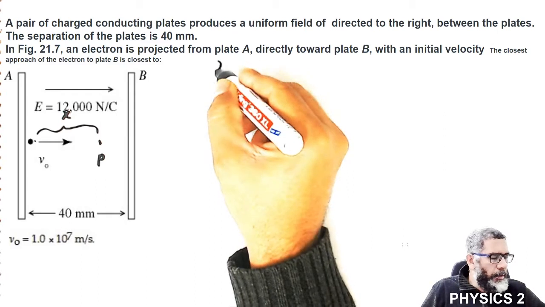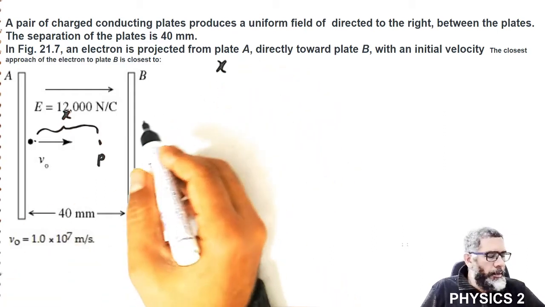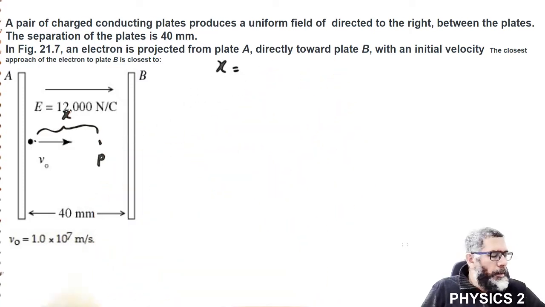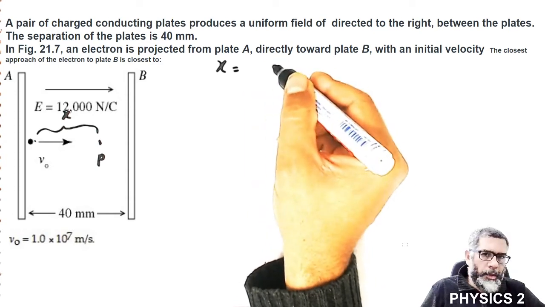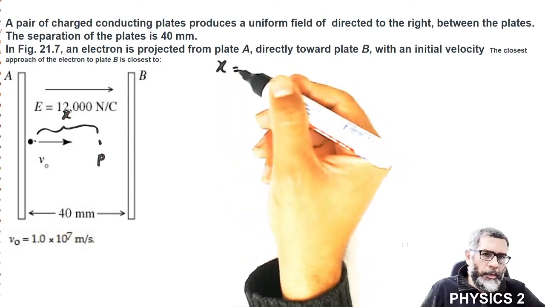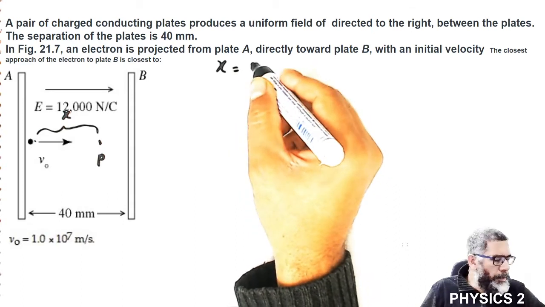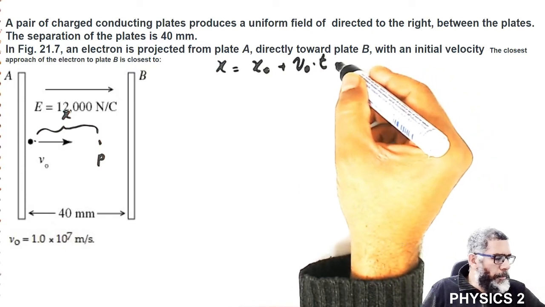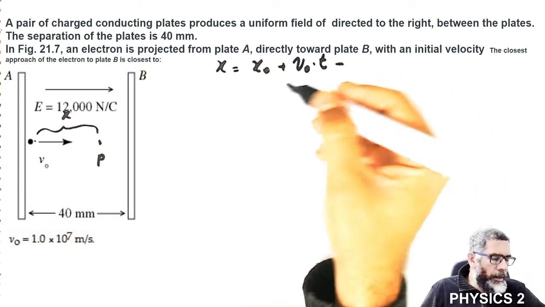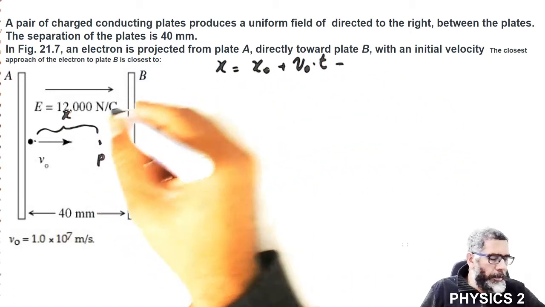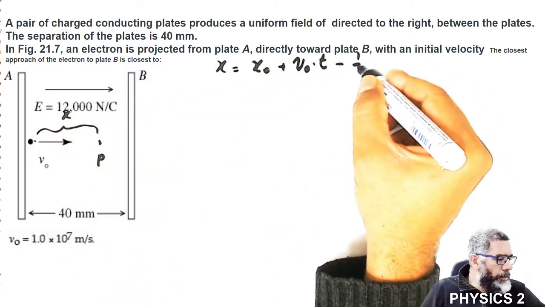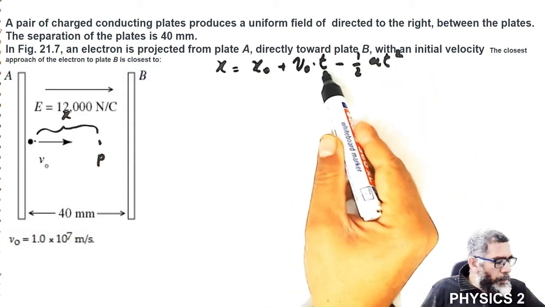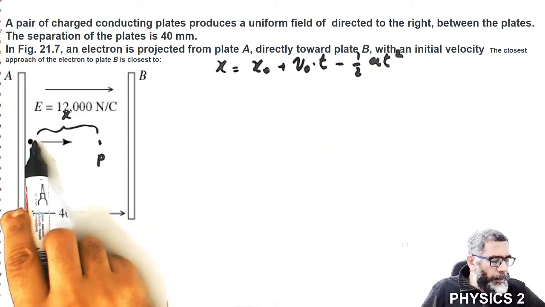That distance x can be expressed by the most general expression for distances for a constant accelerated motion: x0 plus v0 times t minus, thinking that the acceleration is negative, 1/2 a t squared, right? Well, t is going to be the stopping time as the electron goes from this point to this point.